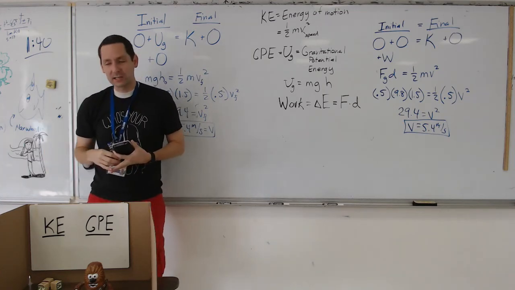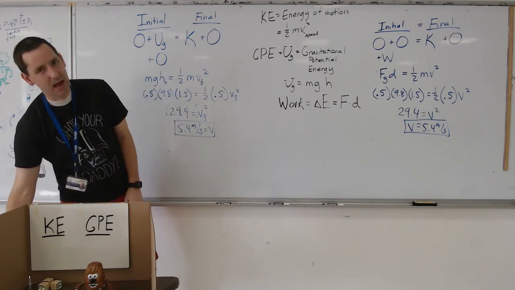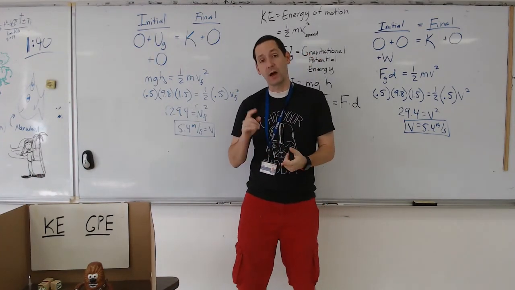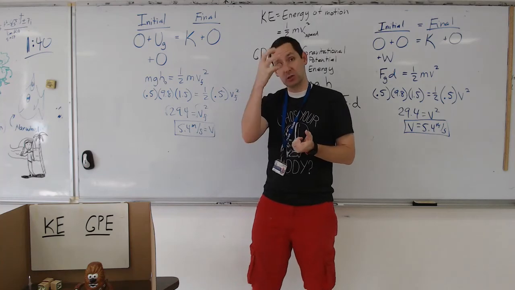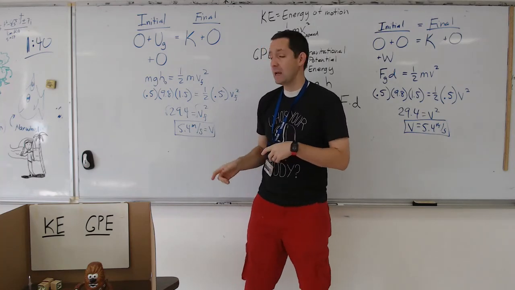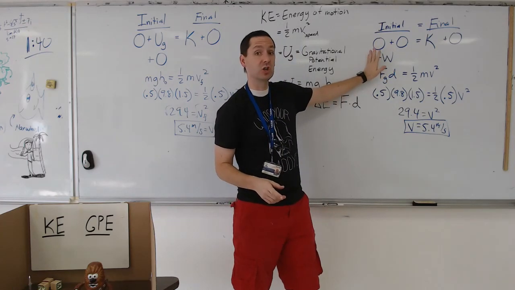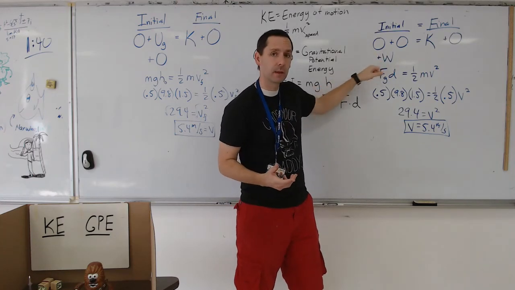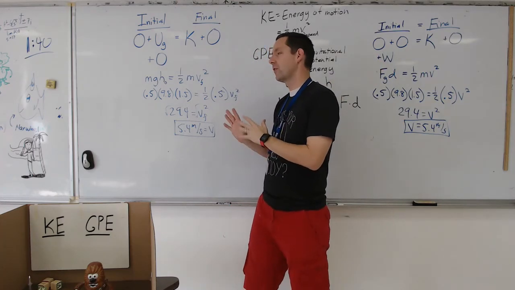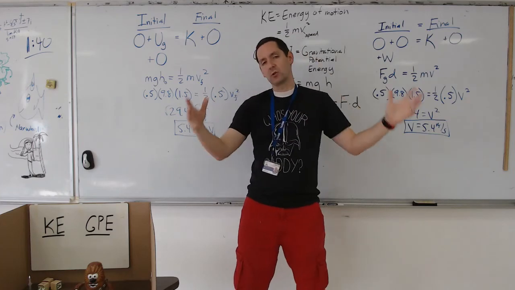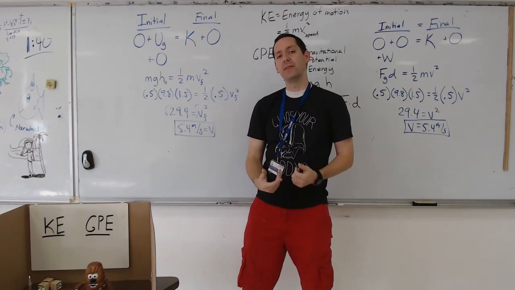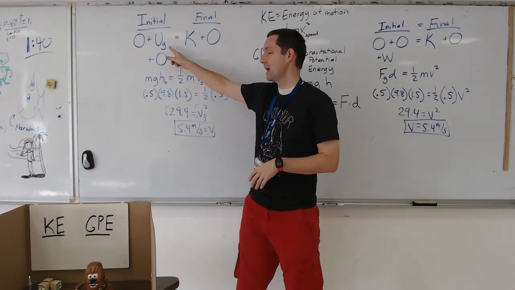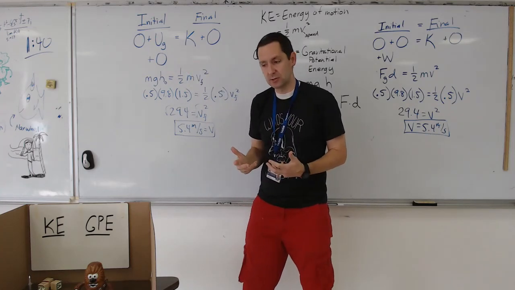So what I want you to see is just that we have different ways in physics of dealing with the same situation. We've got our kinematics, which allowed us to look at the dropping. We looked at it from the perspective just of Chewbacca, where gravity was an outside force doing work. And then we looked at it from the situation where we looked at Chewbacca and the Earth together, and therefore gravity was an inside internal force, which allowed us to have this gravitational potential energy.